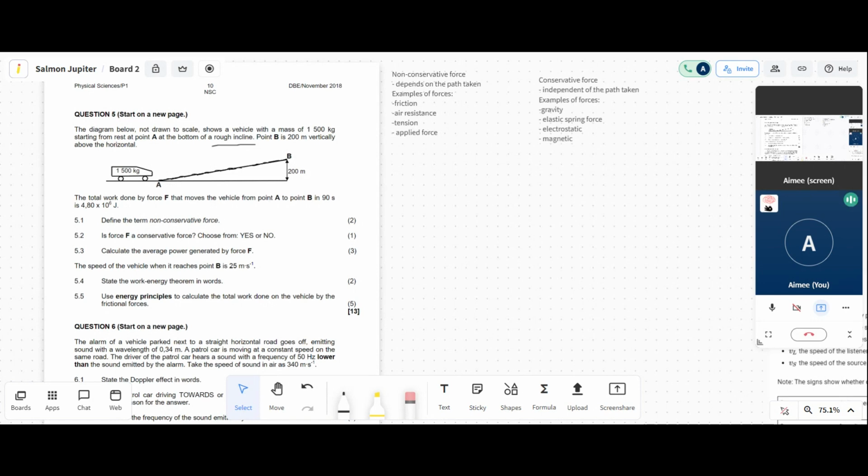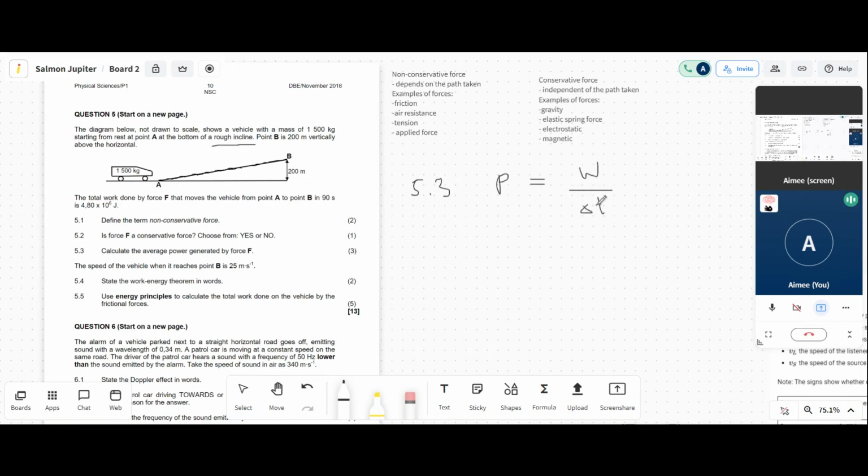Okay, so very important. Don't try and guess these formulas out of your head. So we know that they're asking for the power generated by force F, okay? They've given us work done and they've given us time. And on your formula sheet, you will see that there is a formula that goes power is equal to work over change in time.